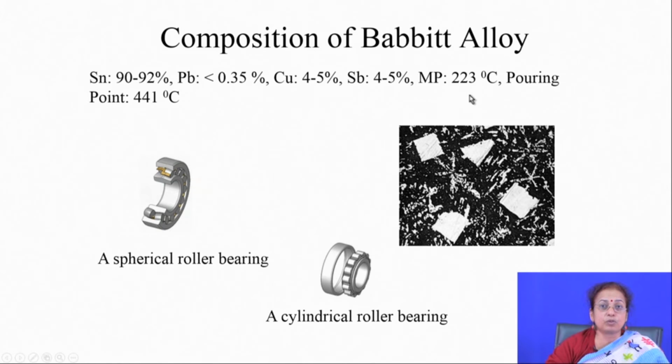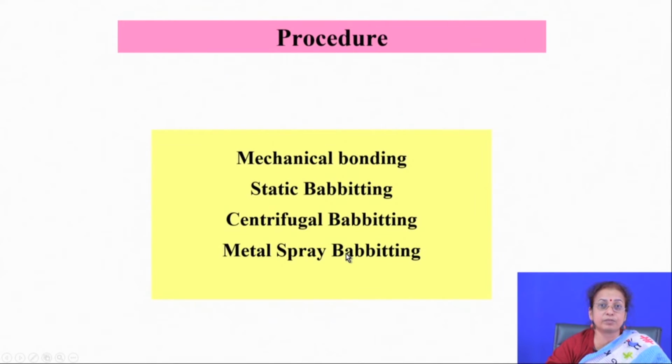The melting point is quite low, 225 degrees Celsius, and the pouring point is naturally 441 degrees Celsius, much higher than the melting point. In the microstructure you get different intermetallics of the lead tin alloy, and the structure is quite good and defect free when you do the hot dipping operation, and this is a typical solidified structure. So, you get a lot of dendrites in the microstructure, but the interface is quite strong, there is no problem in the interface.